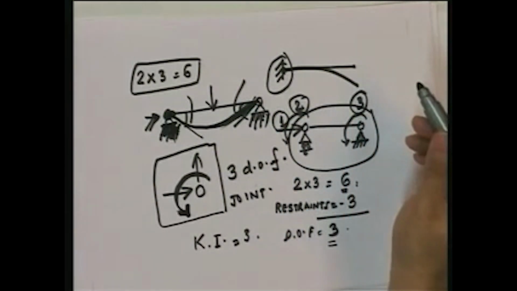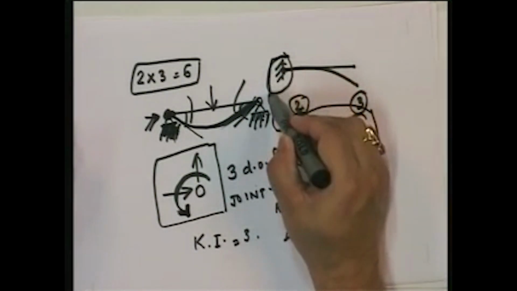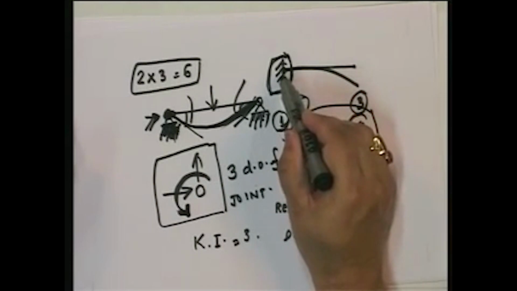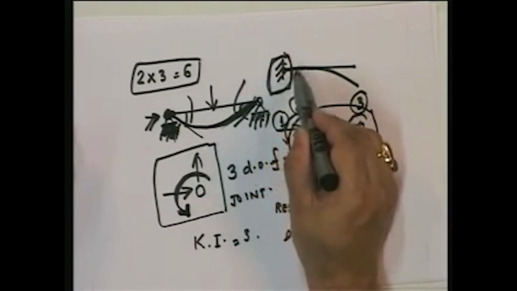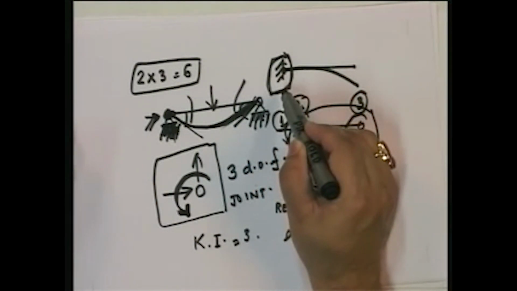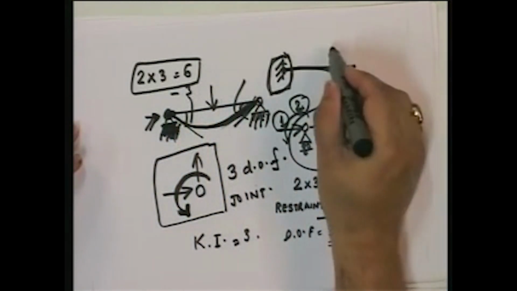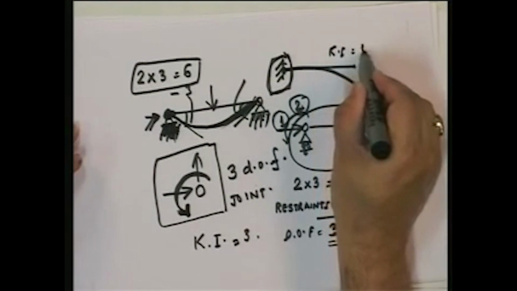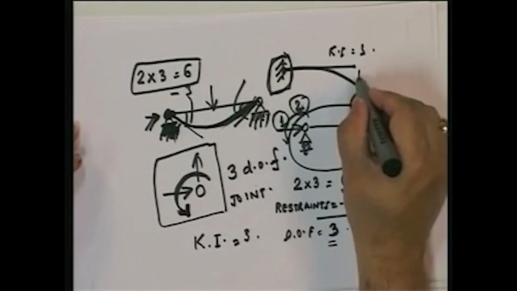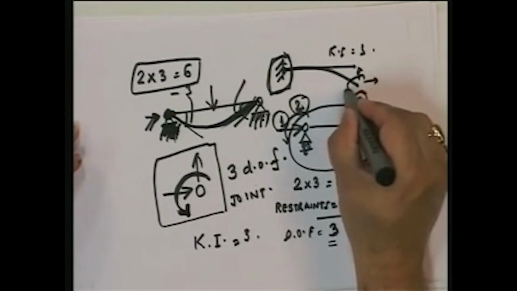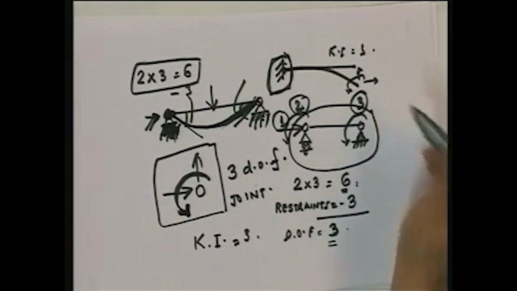Okay, what about this point? It's not restrained. It does not have any support. How many restraints? What does this restrain? It restrains vertical, horizontal, and rotation. So there are 3 restraints. So the kinematic indeterminacy is 3. What are those 3? 1, 2, 3. Simple.